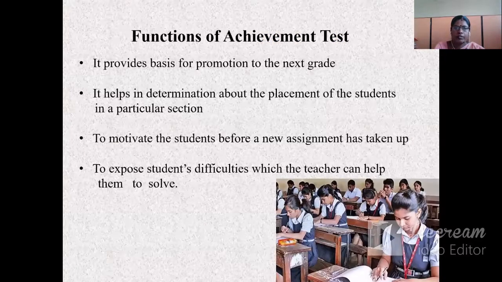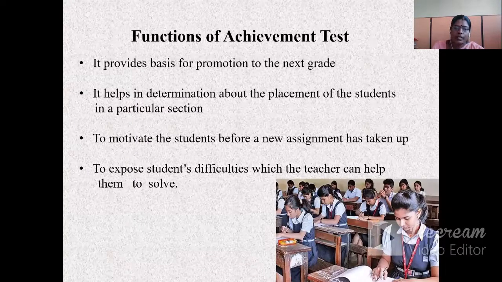And functions of an achievement test: it provides the basis for promotion to the next grade. It helps in determining the placement of students in a particular section, and to motivate the students before a new assignment is taken up, and to expose students' difficulties which the teacher can help them to solve.